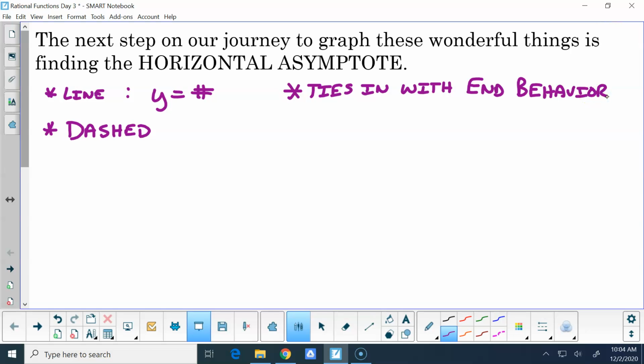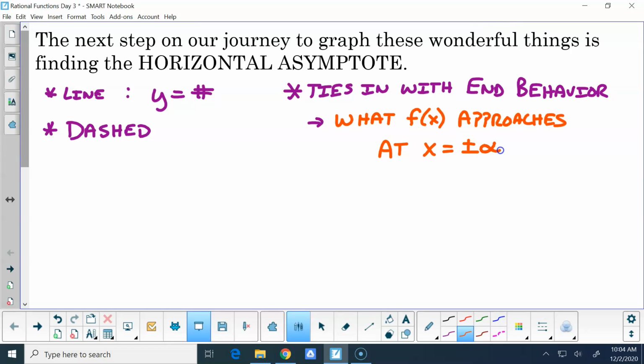Because it is what your function approaches at the infinities. Okay?